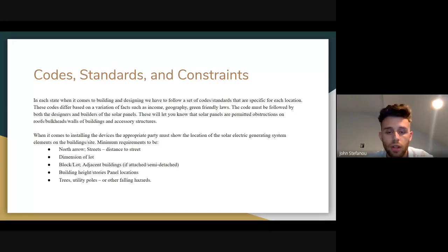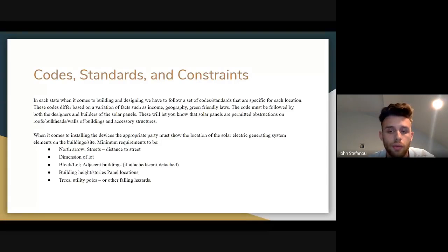Just a couple things to keep in mind: the code standards and constraints. In each state, when it comes to building and designing these solar panels, we have to follow a set of codes and standards that are specific for each location, usually broken down by state. These differences are based on income, geography, green-friendly laws, anything that differentiates them.